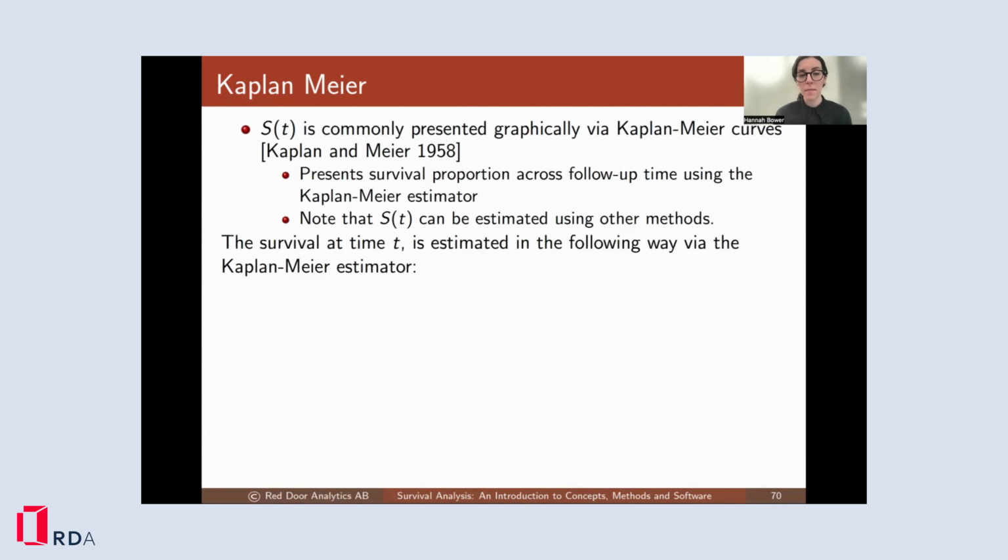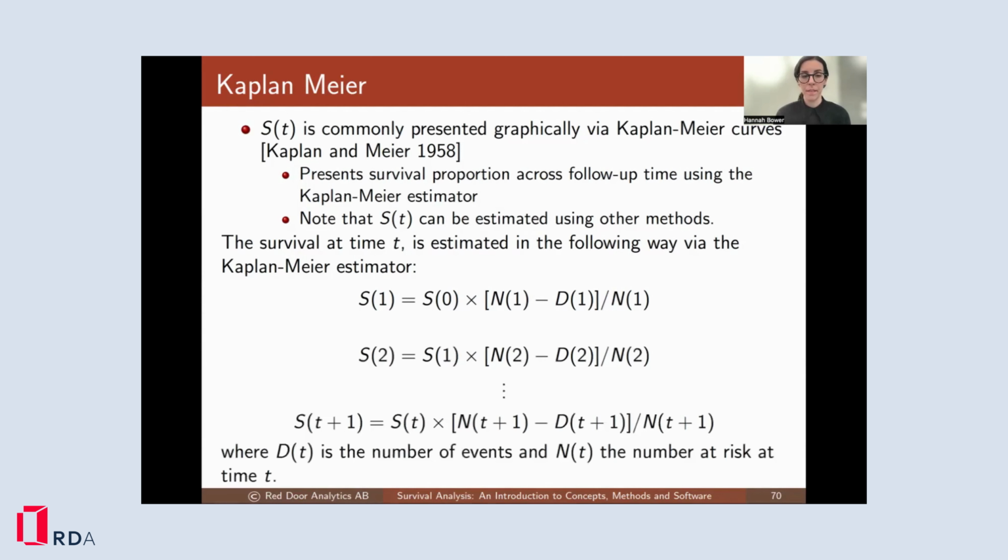So the survival at time t is estimated in the following way via the Kaplan-Meier estimator. We look at survival at time 1 here, which would be equal to the survival at time 0 multiplied by the number at risk, n, at time 1, minus the number of events, represented by d at time 1, divided by the number at risk at time 1.